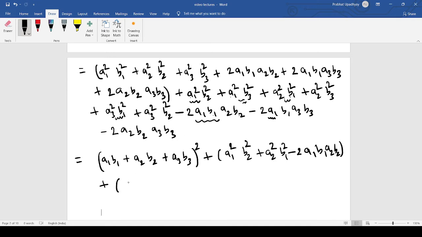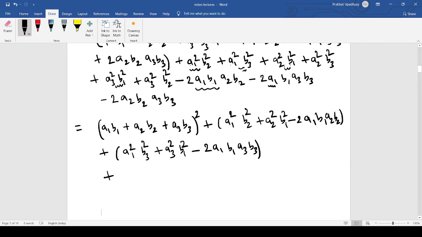So what I'll get is a1 square b3 square plus a3 square b1 square minus 2 times a1 b1 a3 b3.